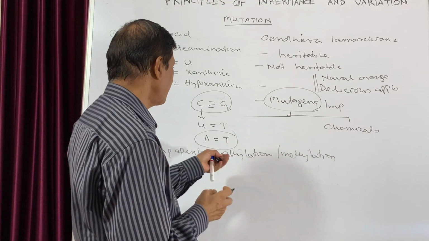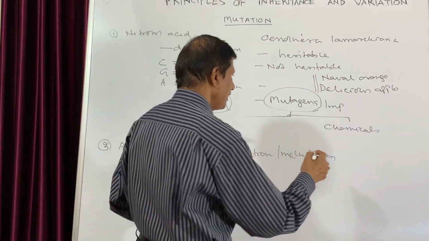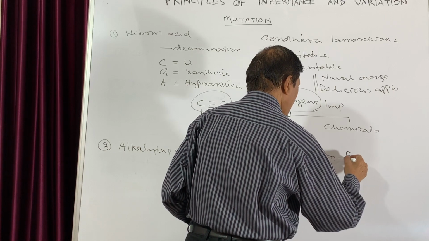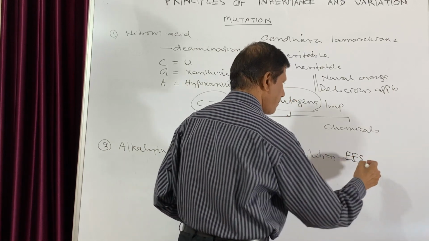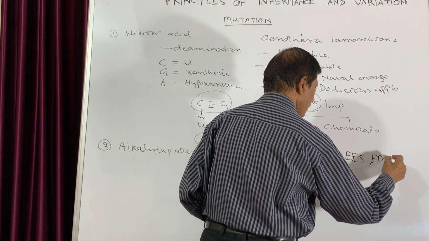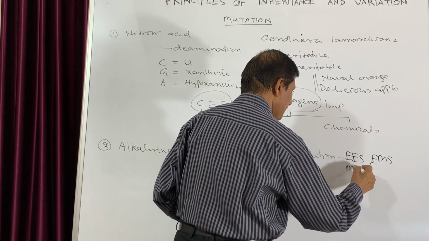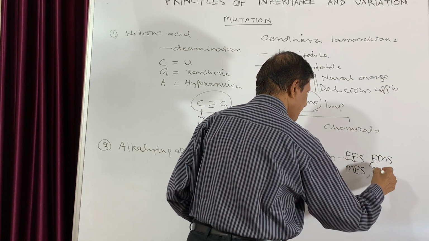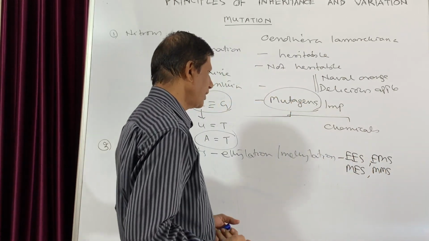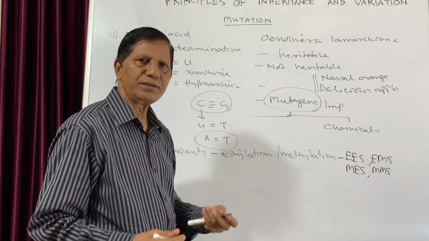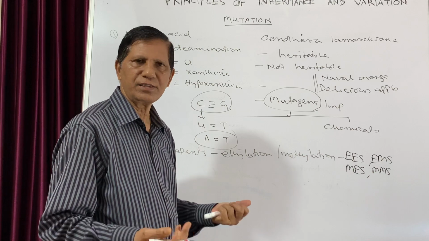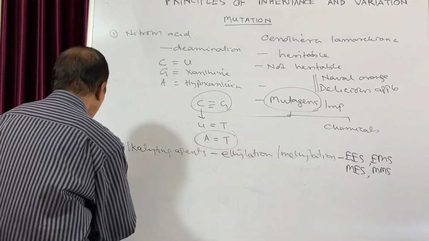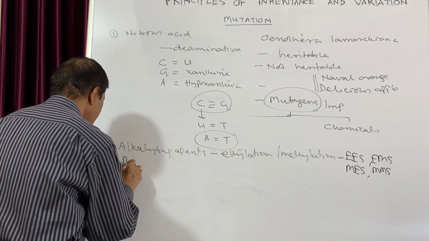And what are the common alkylating agents? They may be ethyl ethane sulfonate, ethyl methane sulfonate, methyl ethane sulfonate, or methyl methane sulfonate. So these are the different alkylating agents. They cause mutation.